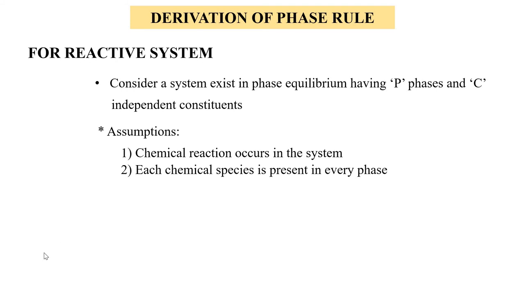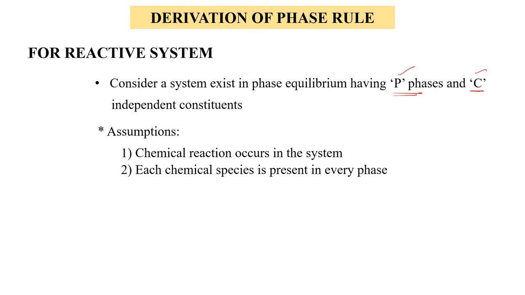Now consider a system in phase equilibrium having p number of phases and c independent constituents. Here we are going to make two assumptions. Number one, chemical reaction occurs in the system.